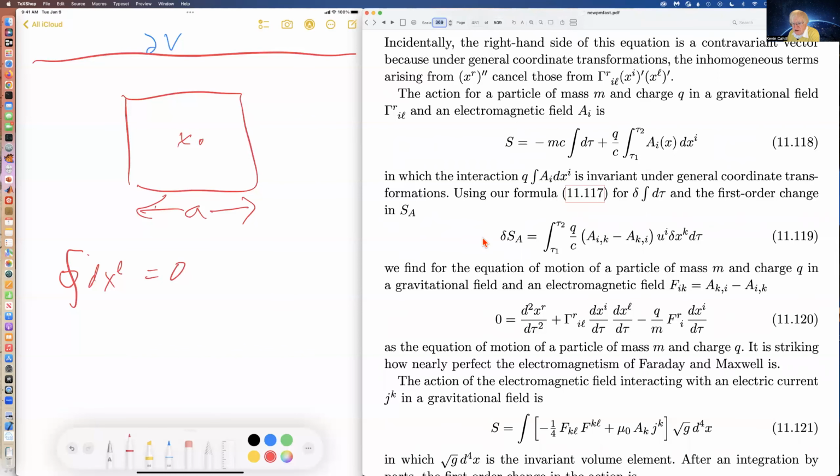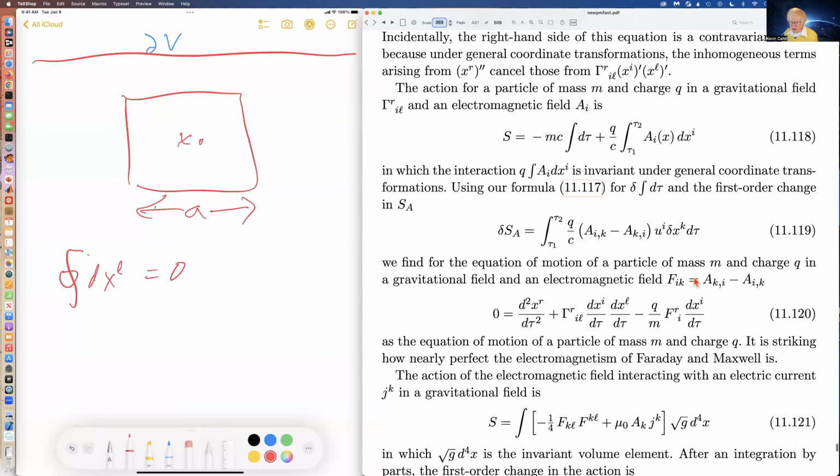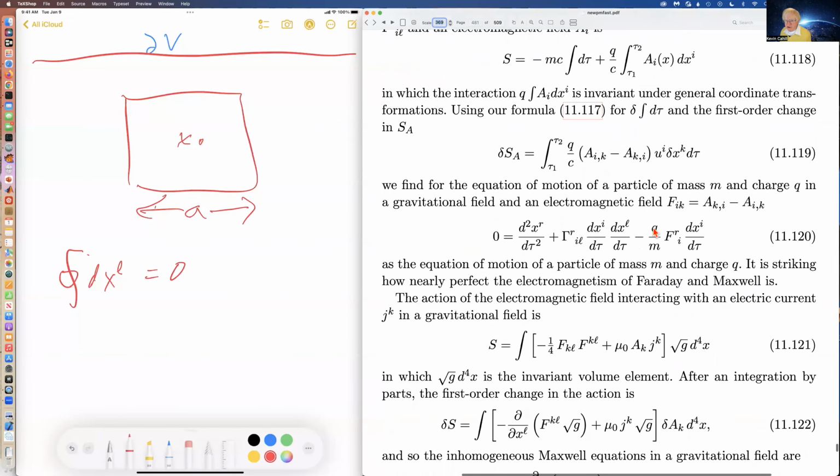What one finds then is that the equation for a particle in a gravitational field represented by the Christoffel symbol and an electromagnetic field, this is F, this is the E and B fields, which are F_ik, the Maxwell tensor, with one index lowered. And it then looks like this: mass m, charge q.